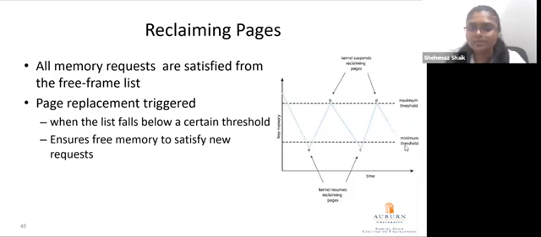Of course, the exact numbers of these minimum and maximum thresholds depend on the system implementation. Okay. So this is again one of the optimizations followed by the modern operating systems, to ensure that there is always some free memory frames available to satisfy any of the newly arriving requests.